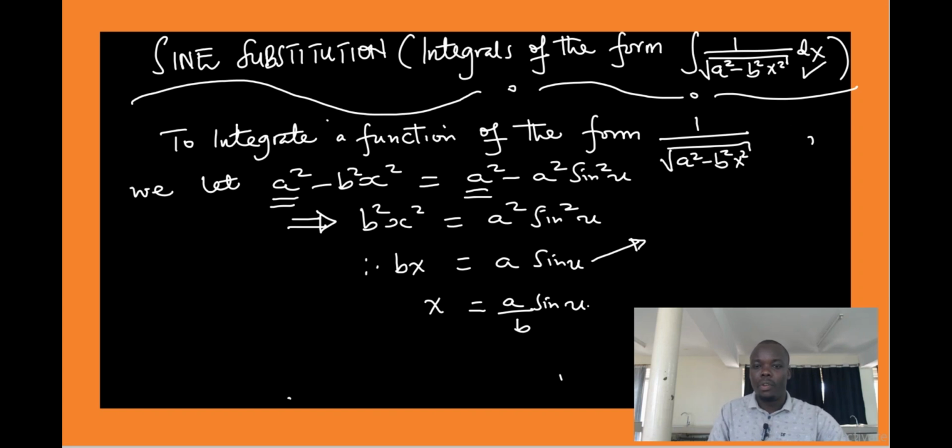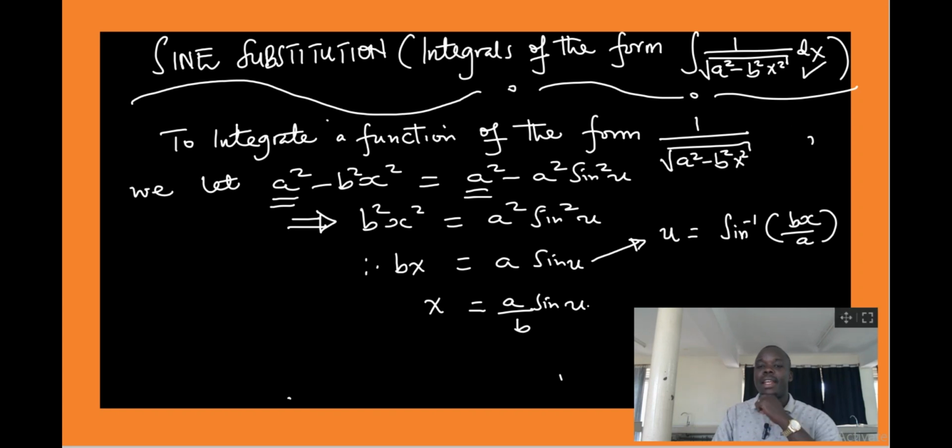From this level, if we reach a point of integrating, at some point we shall be required to know the expression of u in terms of the other variables. If bx equals a sine of u, at a later stage we shall realize that u is going to be the sine inverse of bx divided by a.